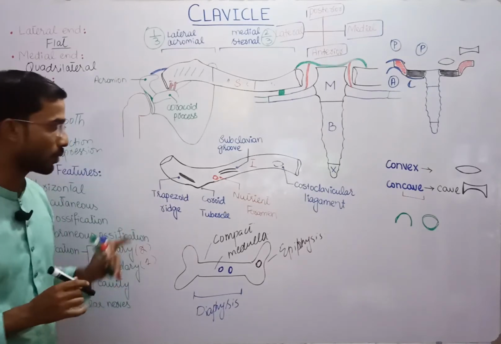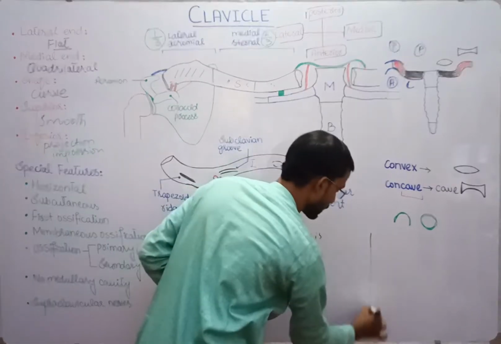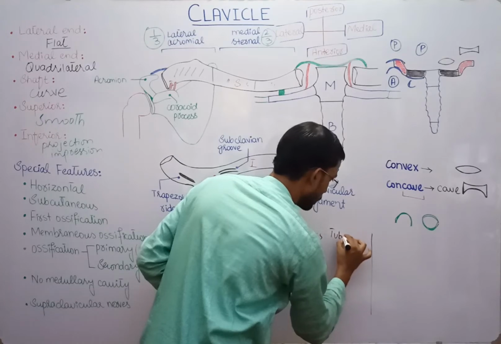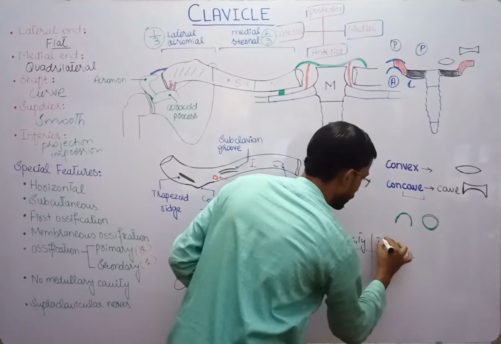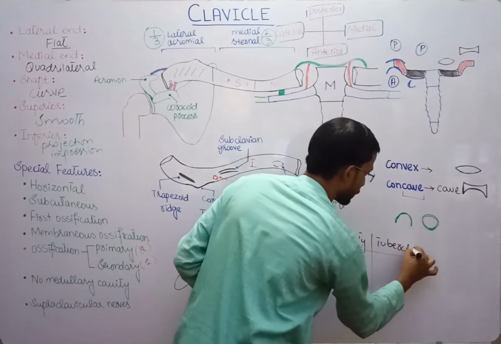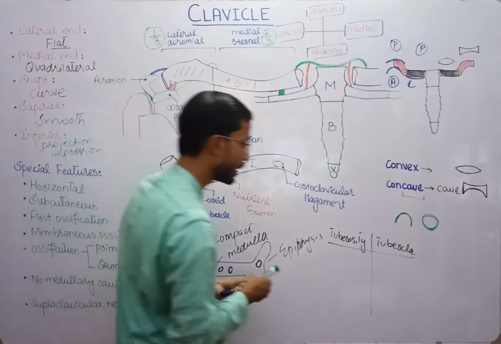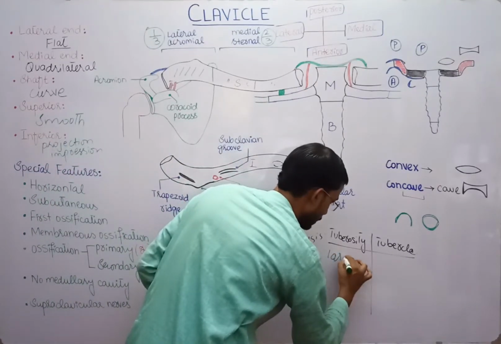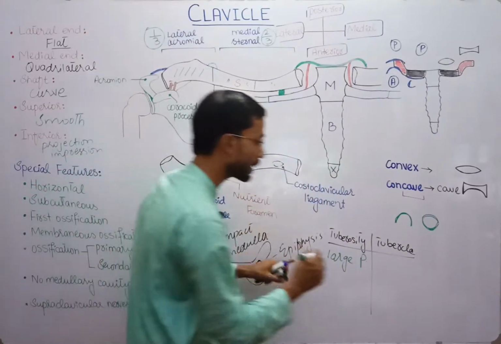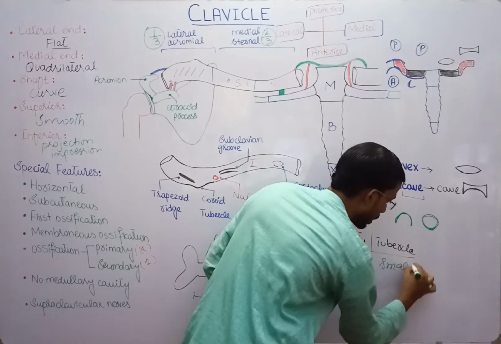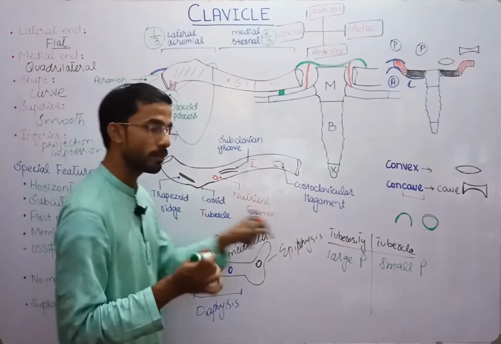I'll show you the difference between tuberosity and tubercle. Tuberosity is a large projection, and tubercle is a small projection of the bone.